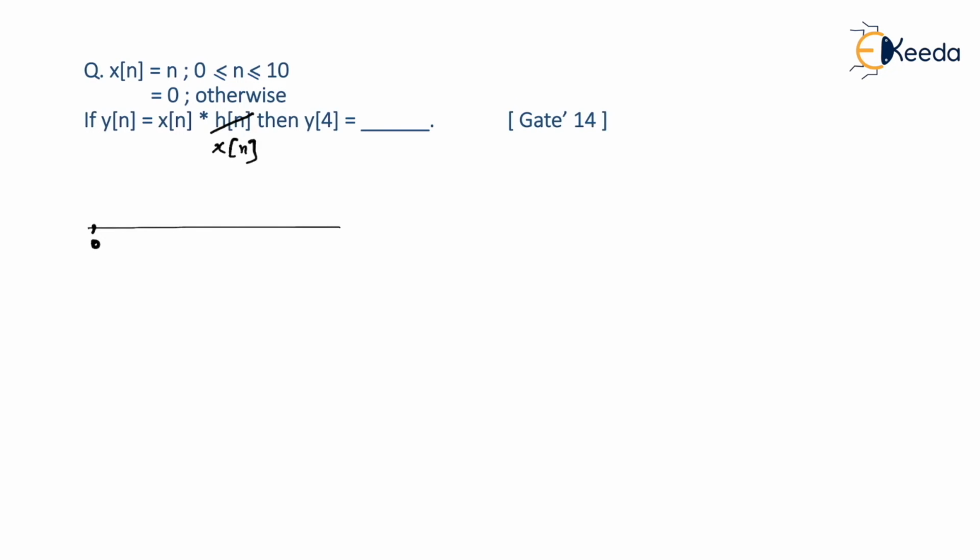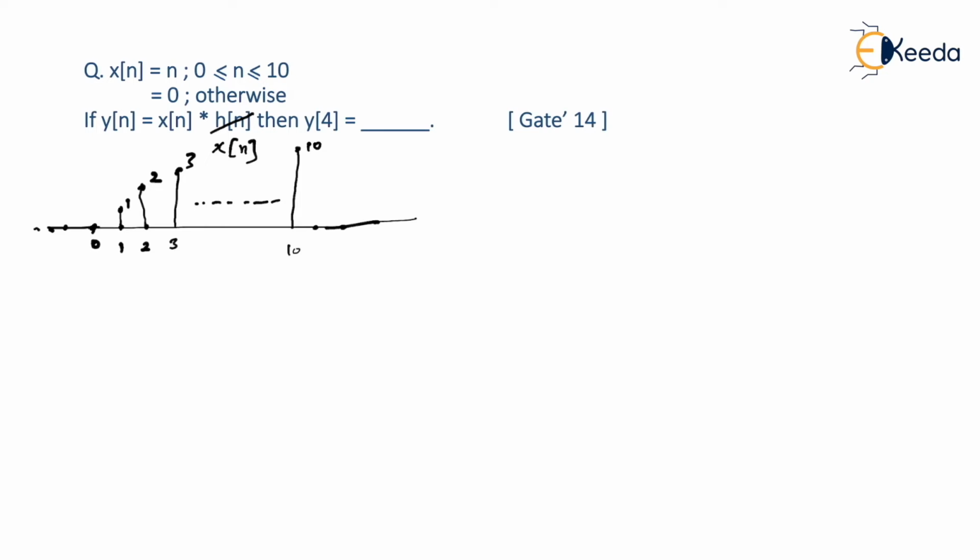So for n equal to 0, it is having 0 value. For n equal to 1, it is having an amplitude 1. For n equal to 2, it is having an amplitude equal to 2. Like that for 3, and so on. It will go up to 10. And thereafter, it is always 0.